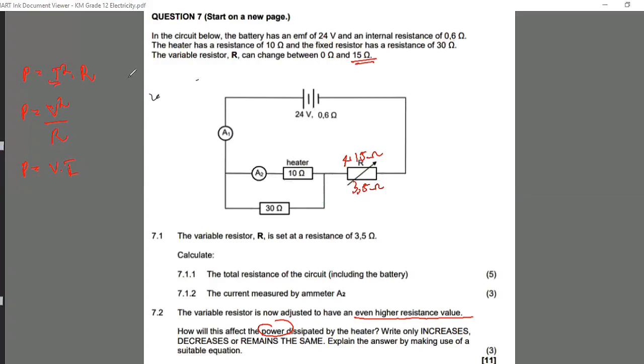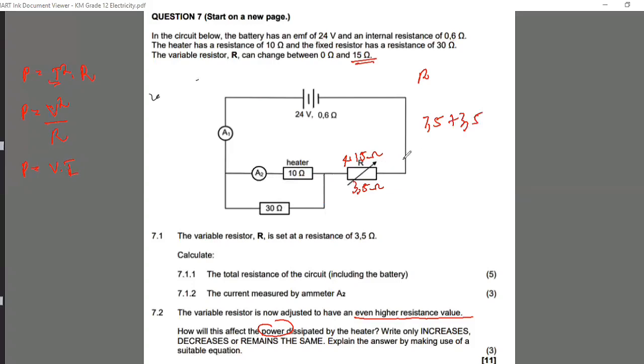And then we also have this one which is linked to the voltage and the current, right? And then let's check how will this affect the power dissipated by the heat. So let's first explain what the increase in resistance will do. An increase in resistance will simply increase the total resistance. So remember now, we got this one to be 7.5, right? And then firstly, we added it to 3.5, and then we got that certain value.